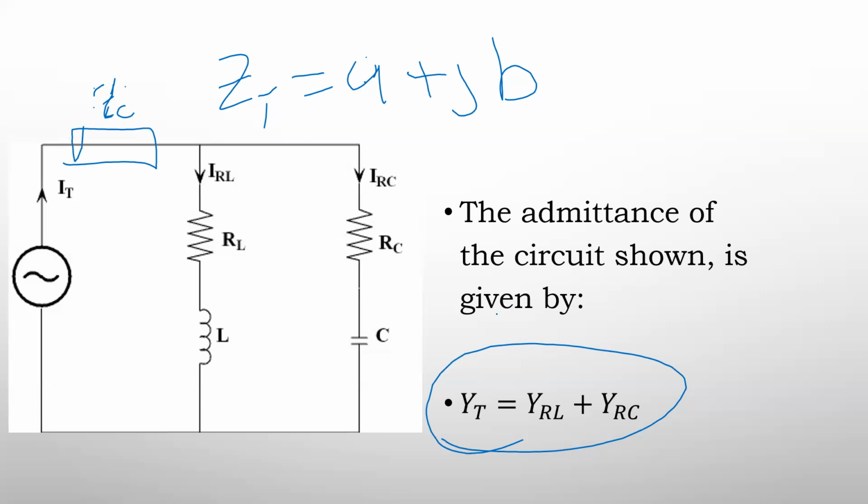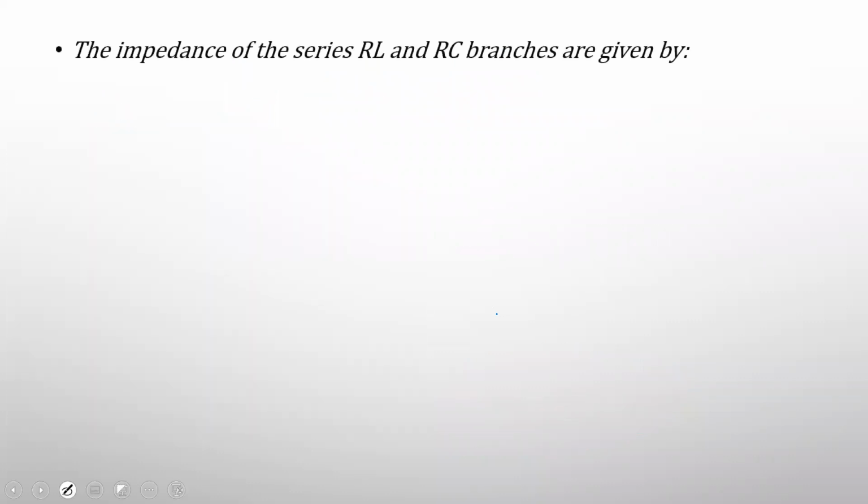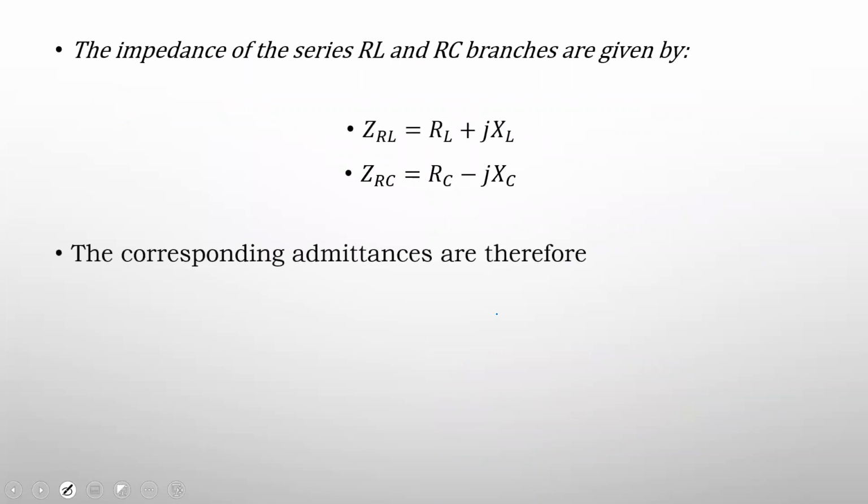Okay, so again, we find the admittance for the RL branch and the RC branch. Now, we'll go through the derivation again because, as I said, we have given you this in AC circuits.